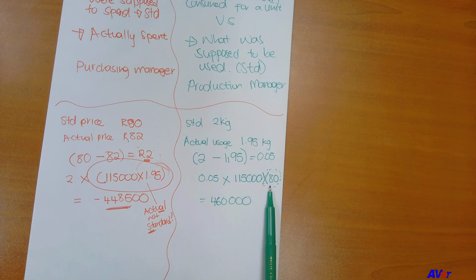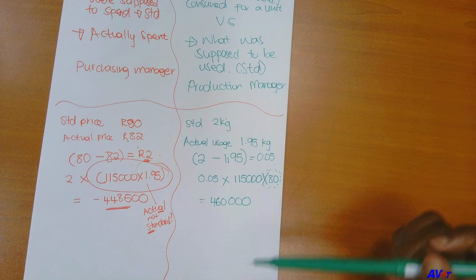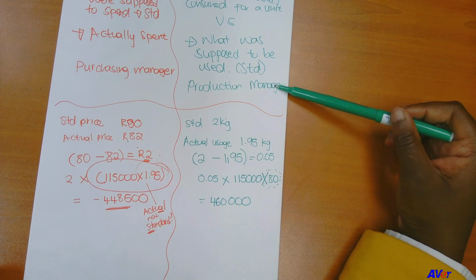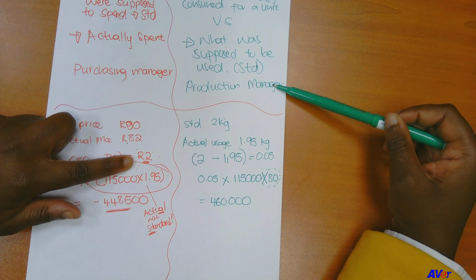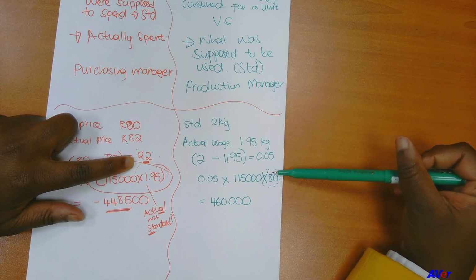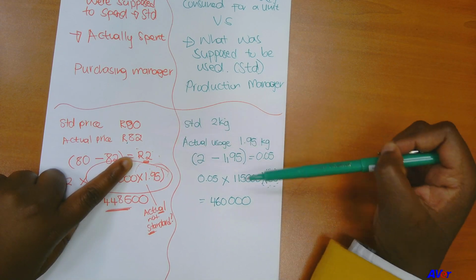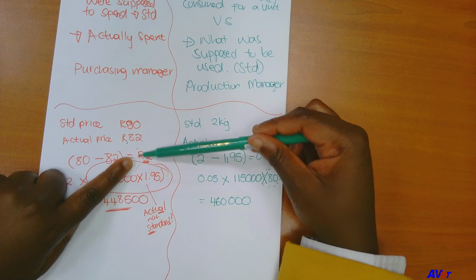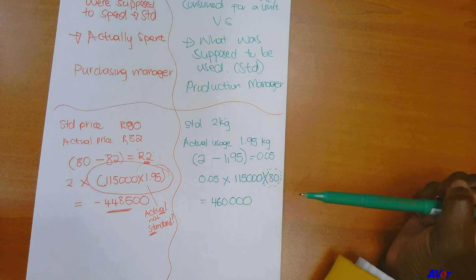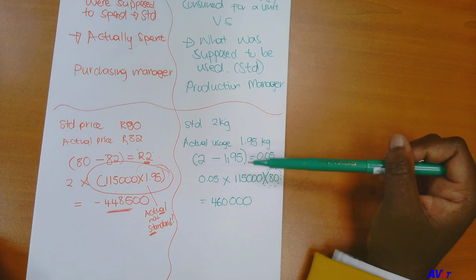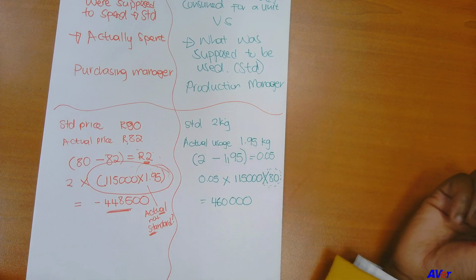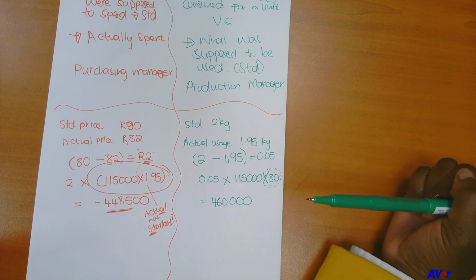Am I saying that we are going to blame the production manager for the 2 rand difference? Because if I use 82 rand there instead of 80, I'm showing impact of the 2 rand. And we're also going to blame him for using 1.95 kgs instead of 2 kgs. And that is actually quite unfair.